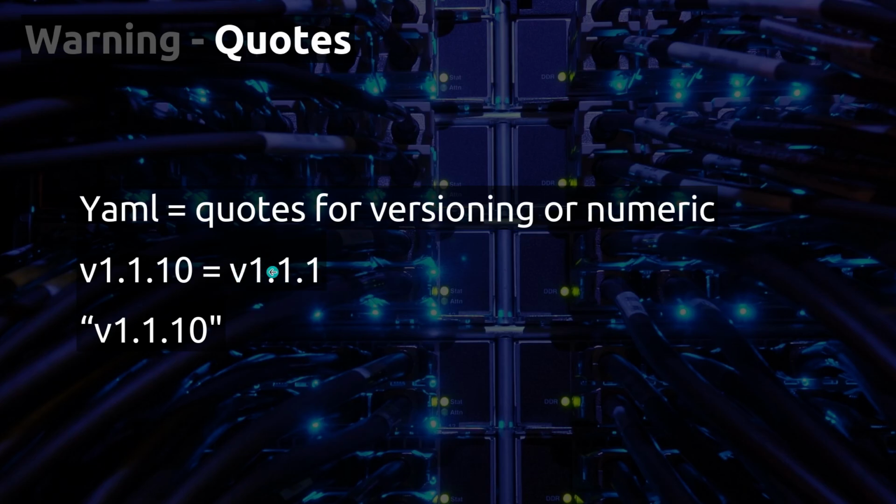If you have a version like v1.1.10 and you don't put it inside a string with double quotes, you will probably get this behavior: in the deployment inside your Kubernetes cluster, you will have v1.1.1 and not the .10 at the end.